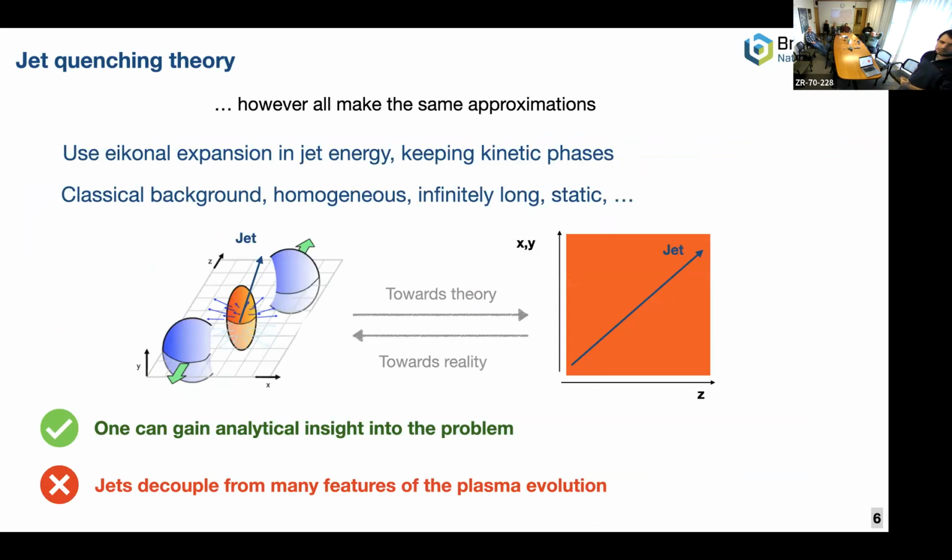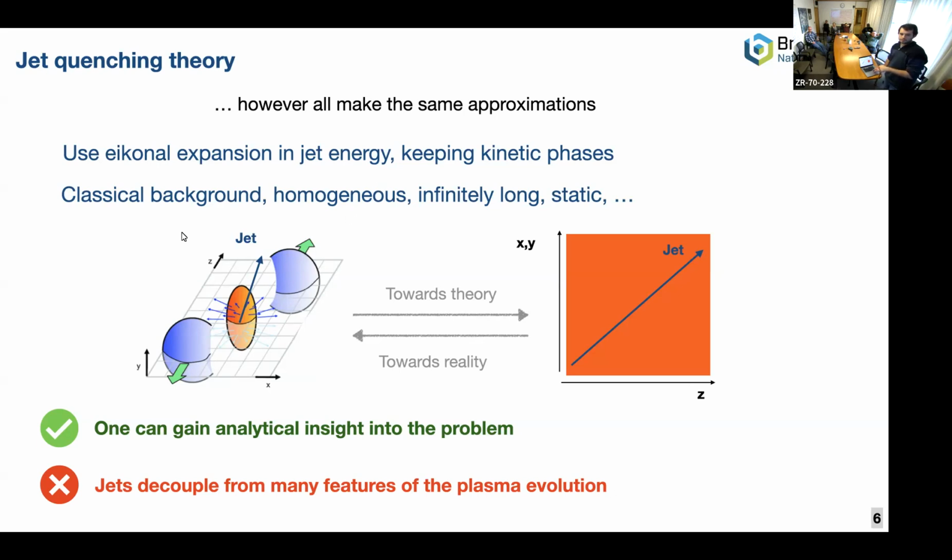One important point is that although there are all of these different formalisms, they have a common set of approximations. In the details they differ a bit, but the idea is that one assumes from the start that the jet is much more energetic than the typical scale of the particles in the plasma, which would be the temperature of the quark-gluon plasma. This allows one to do an expansion in powers of 1 over the jet energy, and typically we just keep the leading order terms in this expansion.